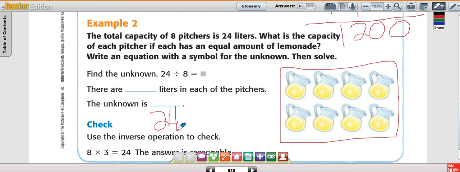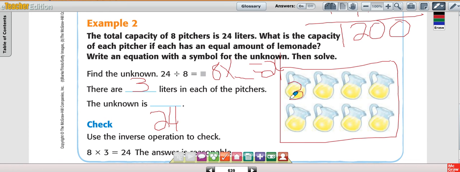So they told you to find the unknown, 24 divided by 8, right? Or 8 times what equals 24, right? So what's 24 divided by 8? Or 8 times what gives me 24? 3 does. So there are 3 liters in each pitcher.